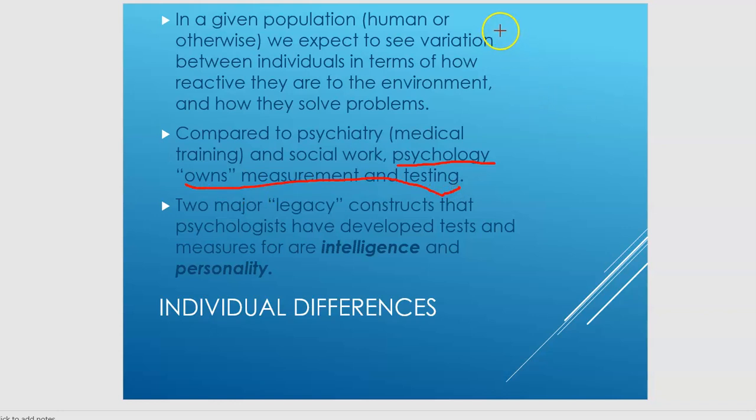This is the one thing that licensed practitioners can do, that is, administer and interpret tests, that medical doctors can't do or social workers can't do. Now, one of the reasons that I chose the five-factor model test is that you don't have to have a license to administer and interpret it. That's a little bit more specialized.